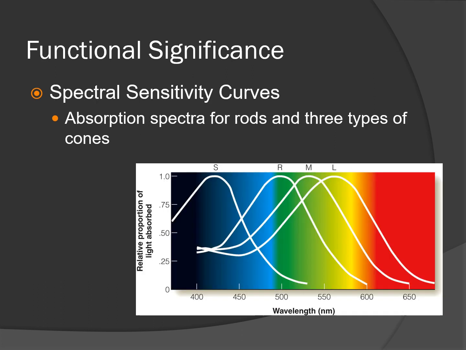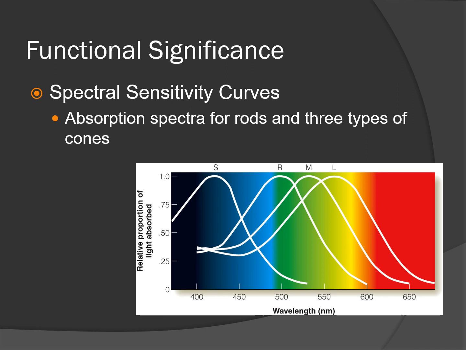So what's being shown here is the absorption spectra for the rods and 3 types of cones. Again, the rods are maximally sensitive to 500 nanometers. But the reason the cones are giving us color vision is because we have these 3 different types of cones.